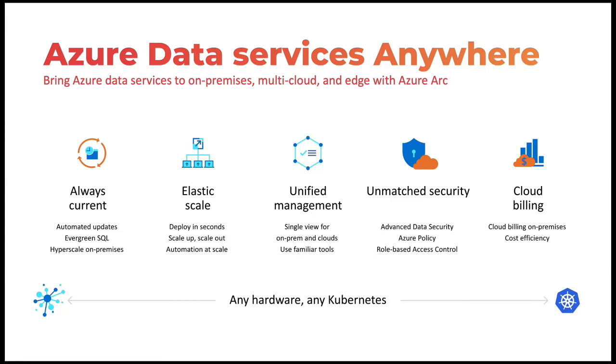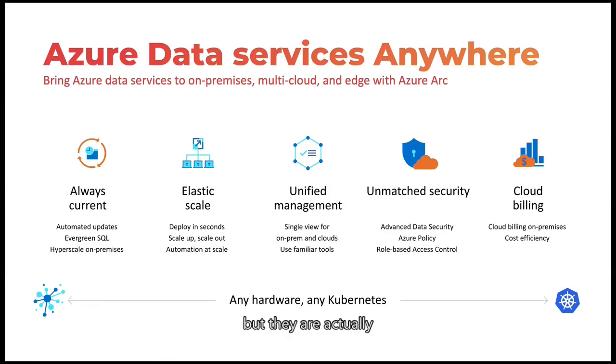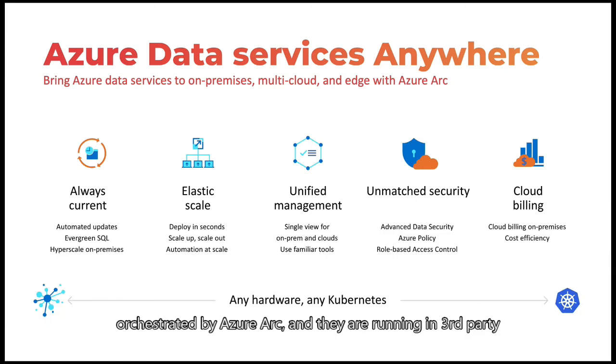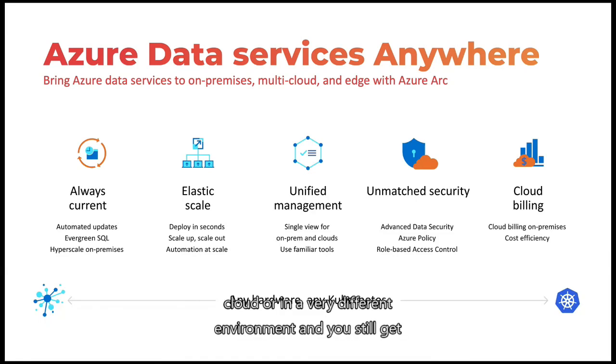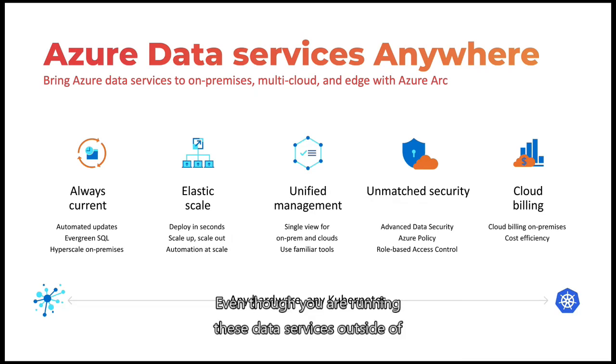But mind you, they're not running within the context of Azure ARM, but they are actually orchestrated by Azure Arc, and they are running in a third-party cloud or in a very different environment, and you still get the same SLA, same uptime, and same billing and visibility, even though you are running these data services outside of Azure.